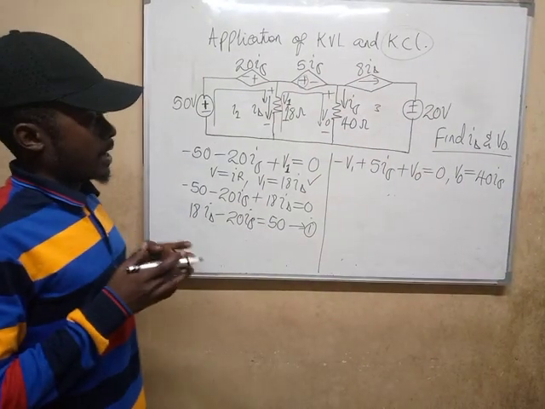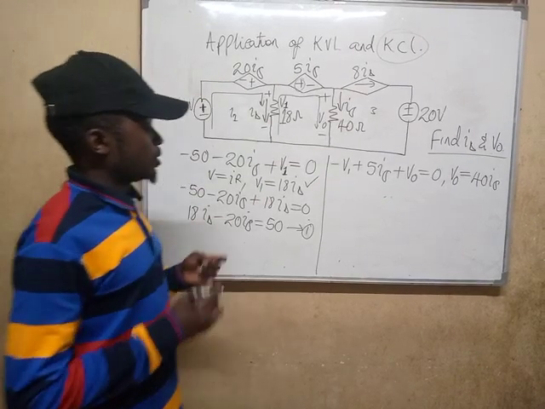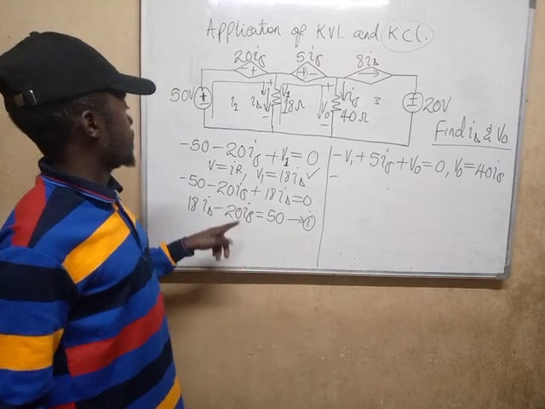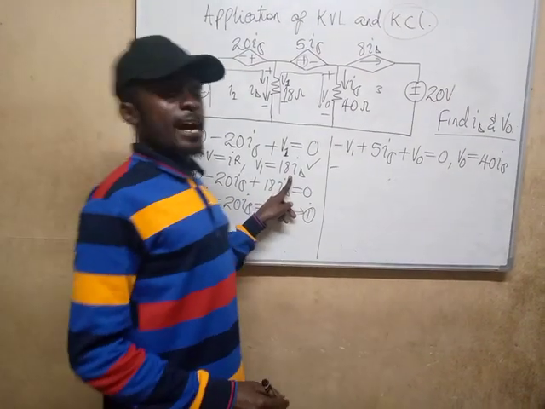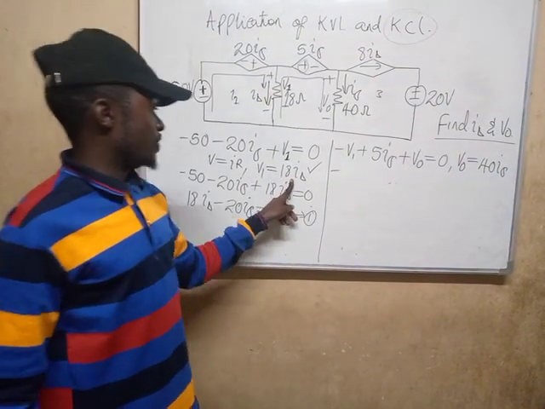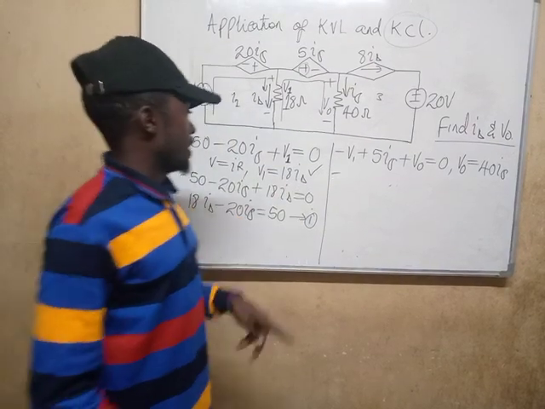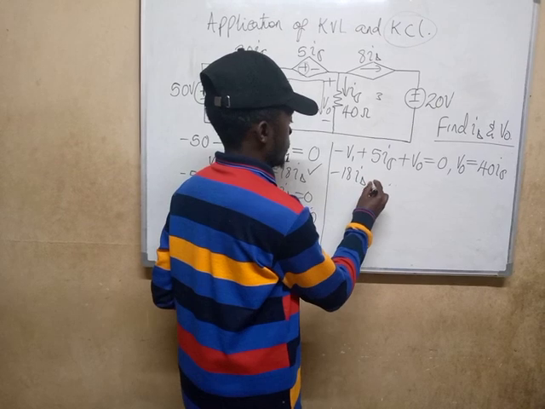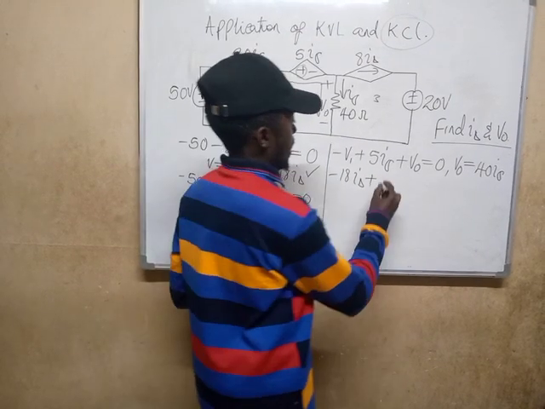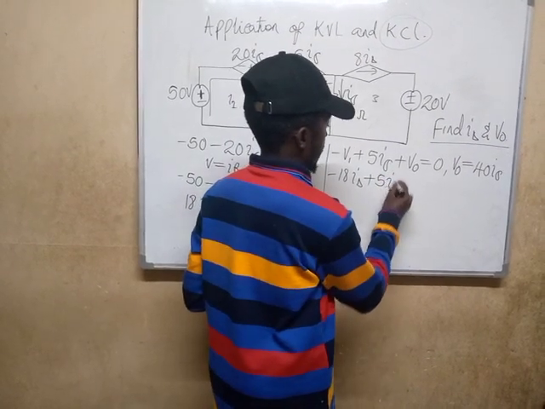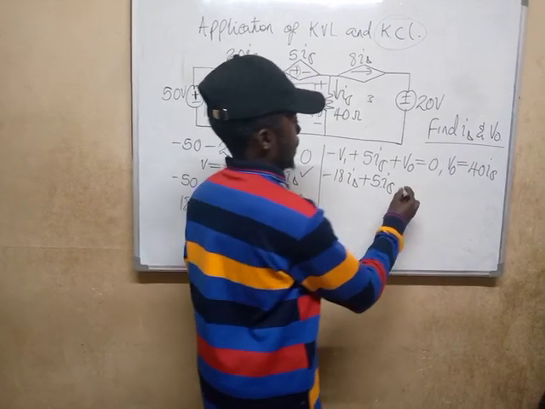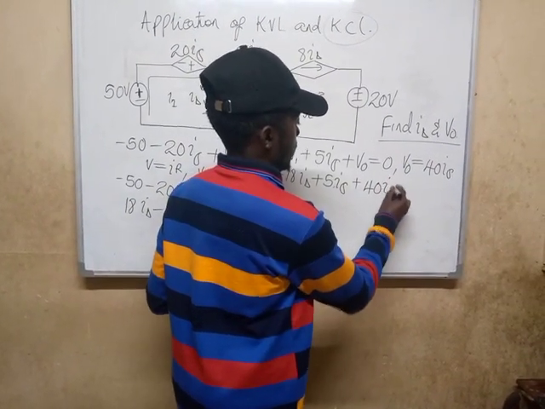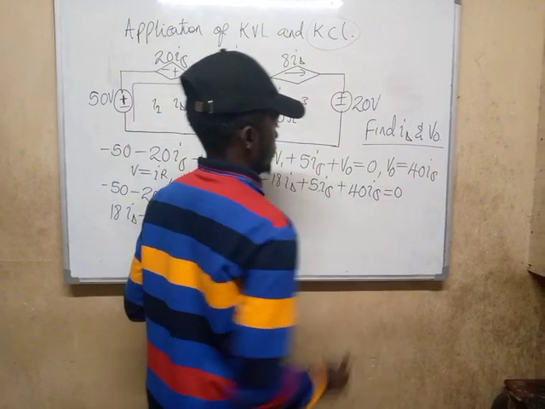So my voltage is equal to 40 I sigma. I am going to replace V1 with 18 I delta. I already solved this. So this is 18 I delta plus 5 I sigma plus 40 I sigma equals 0.